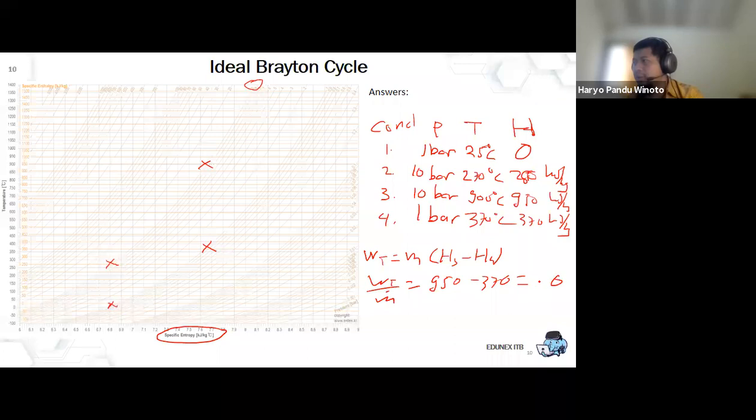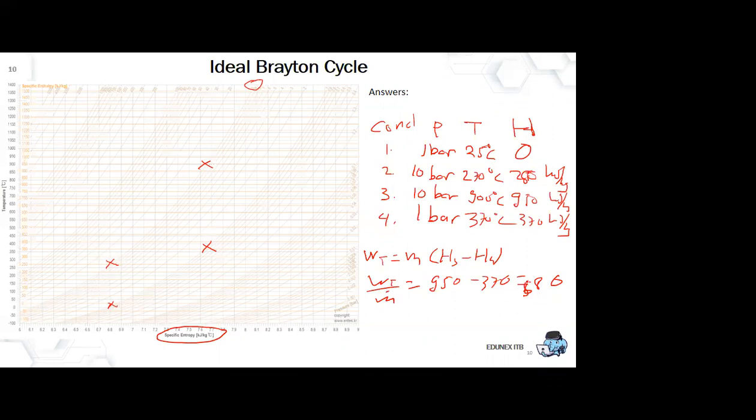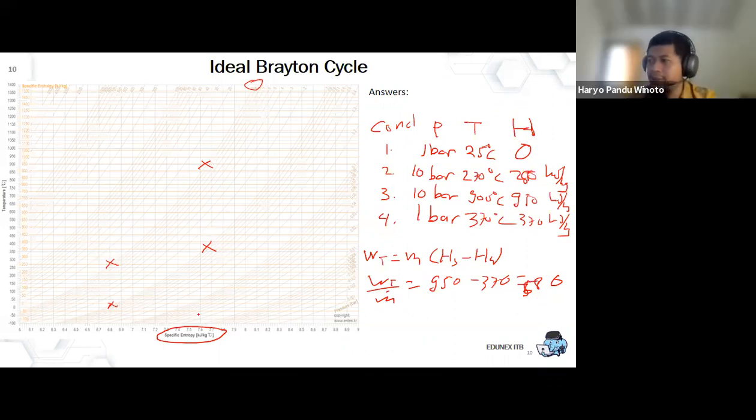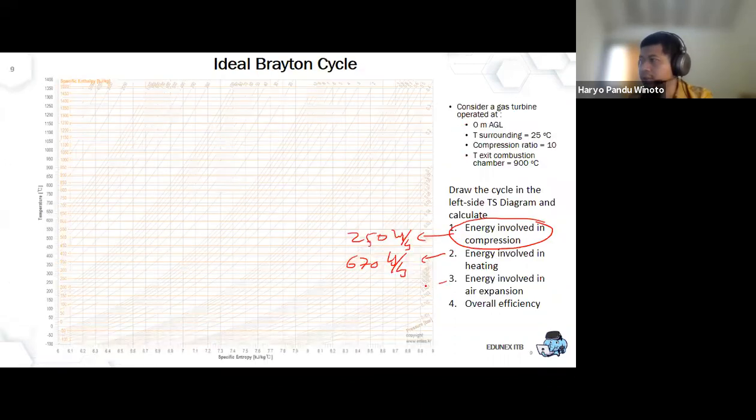0, 8, 6. 5, sir. Oh, sorry, 5. Okay, sorry, really. 580. Here is 580 kilojoule per kilogram. So now we have it. So what is the overall efficiency in here?